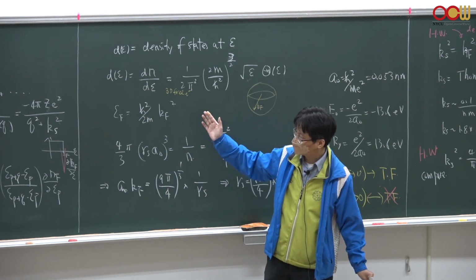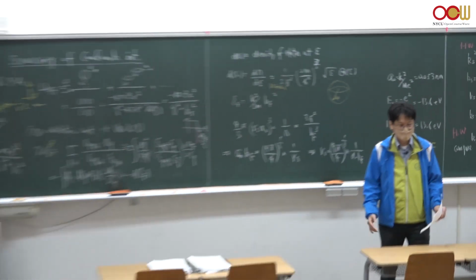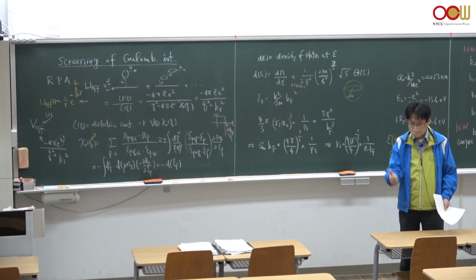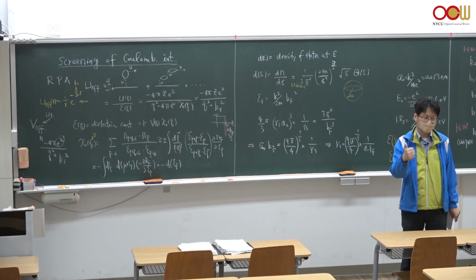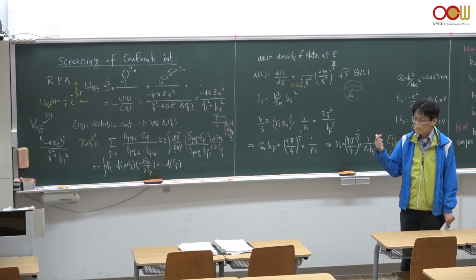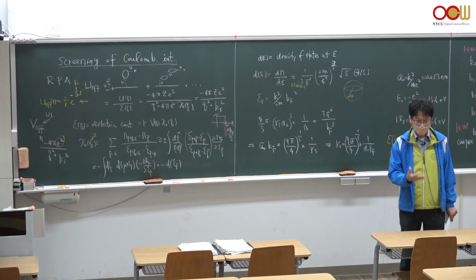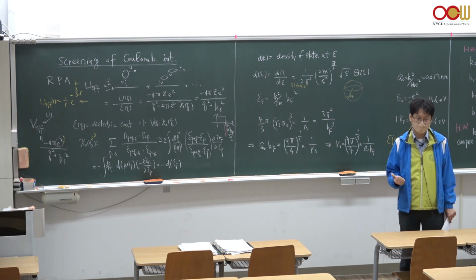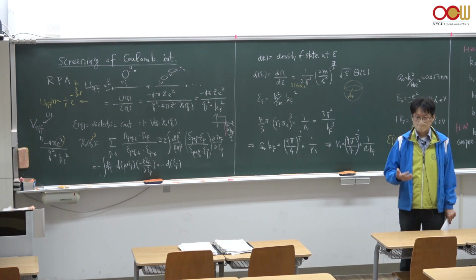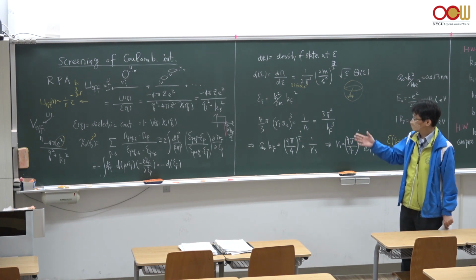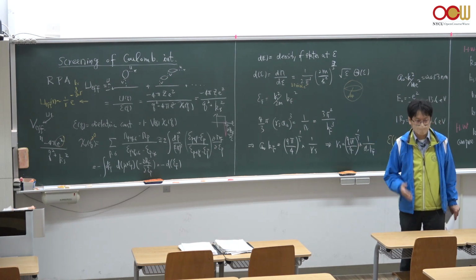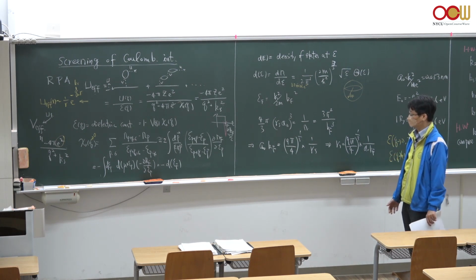I suppose everyone gets the point that we first need to use the second quantization approach, and secondly, we have to use the proper operator, namely, in this case, the electron density operator for the Hamiltonian, and we can do RPA to get the screening of the Coulomb interactions.